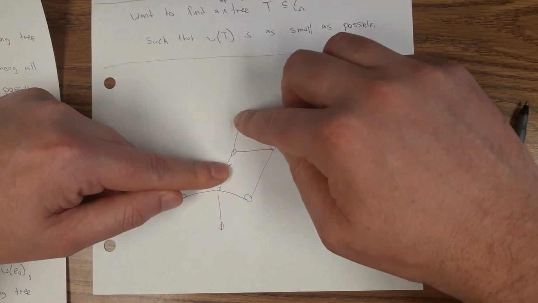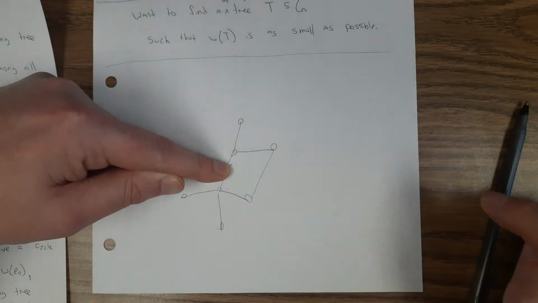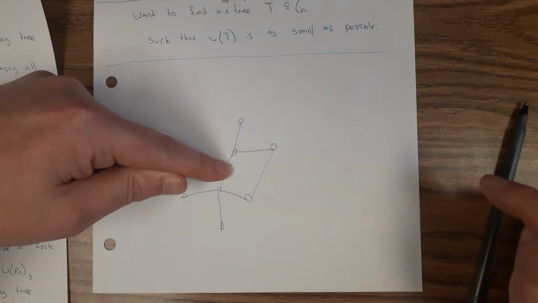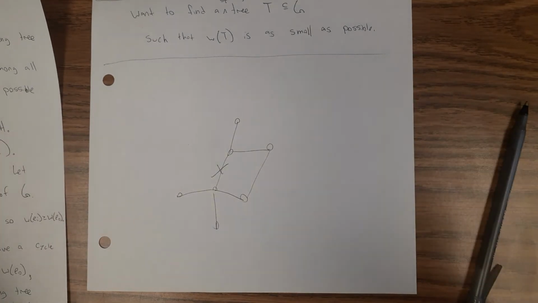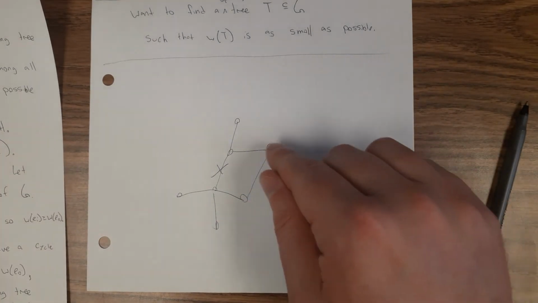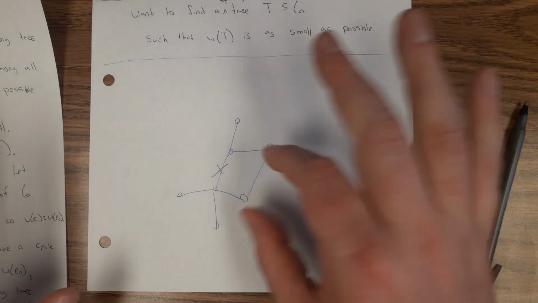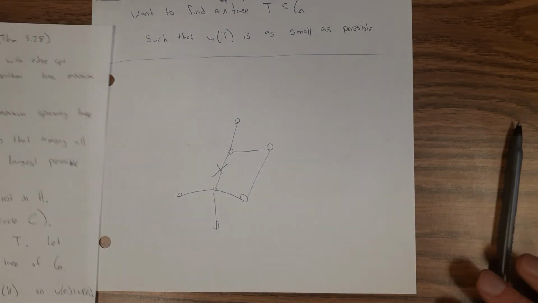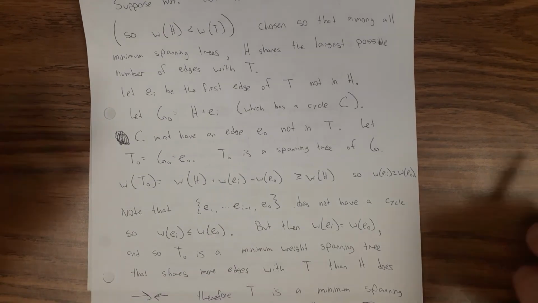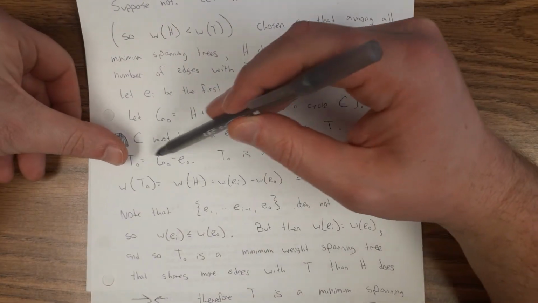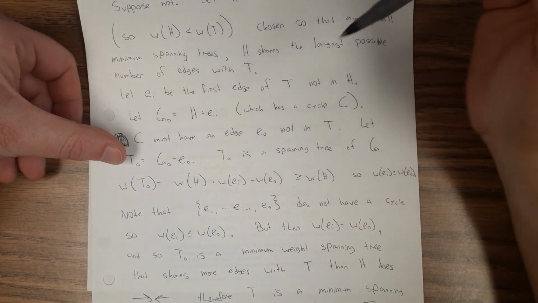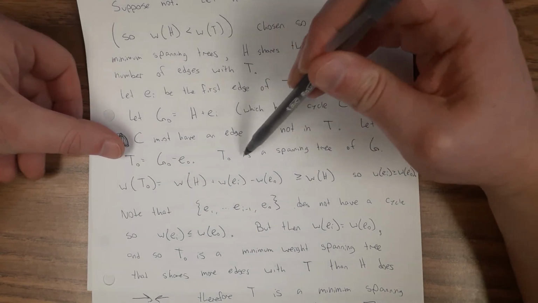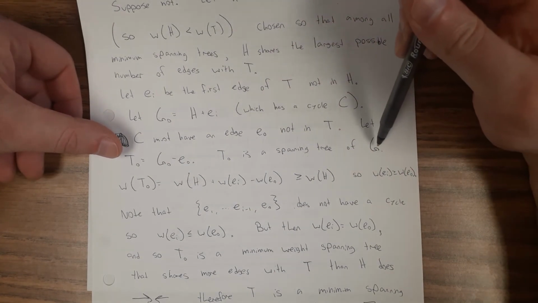And then what's left is also a tree. That's the trick. You can start with a tree, and then put in an extra edge, and that makes a cycle. And then you can remove any edge of that cycle and get a new tree. So that's what T naught is. T naught is a different spanning tree of G.